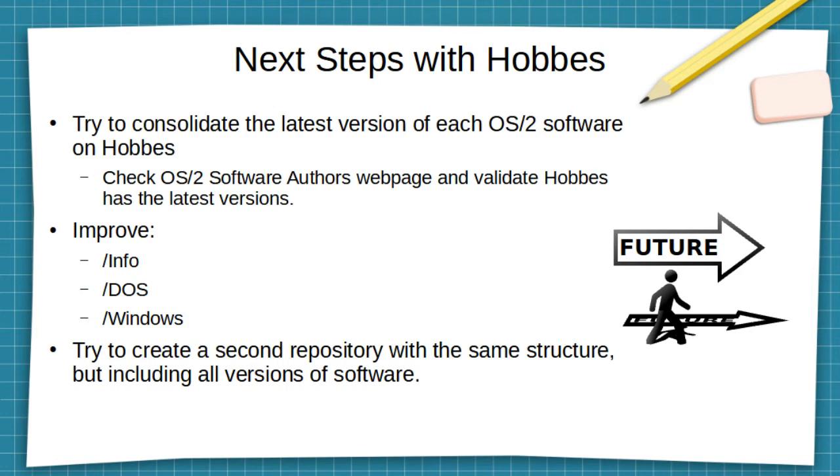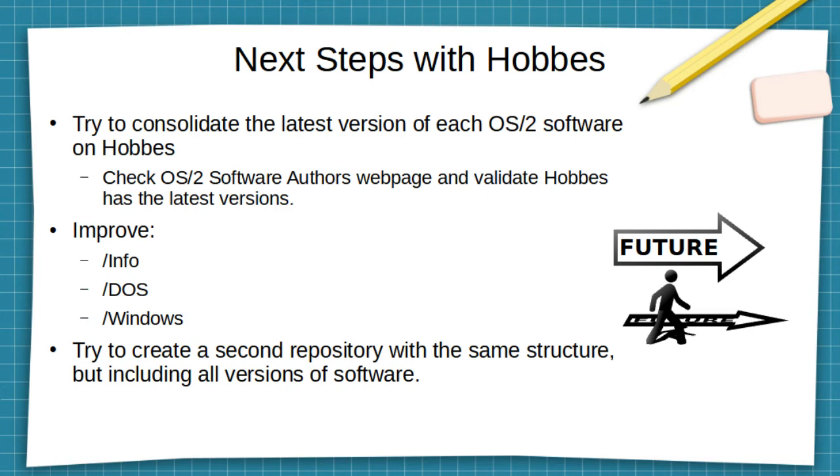Windows tools that are also related to OS2, and Java tools that run on OS2 also have to be reorganized there. And I'm going to try to use the same categories I'm using for OS2 software. And later I'm going to try to create the second repository, the outside hub that is going to have all the software history. Okay?